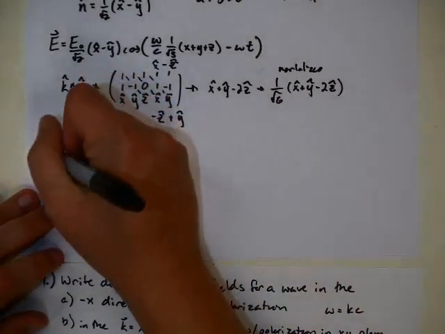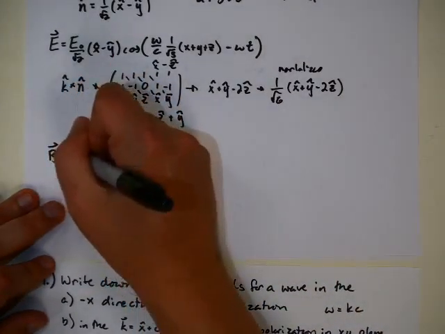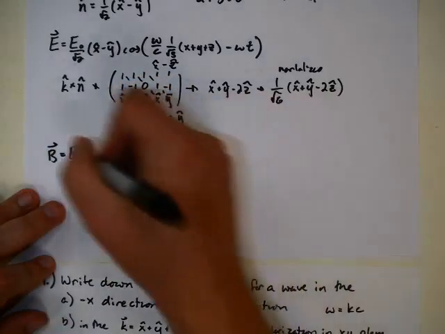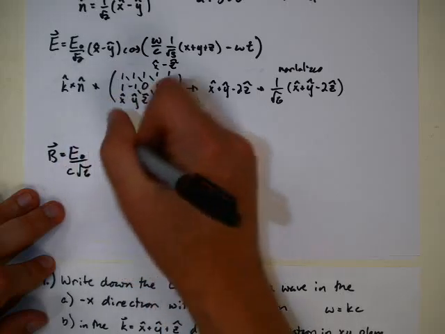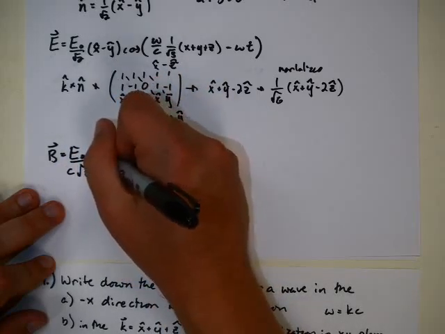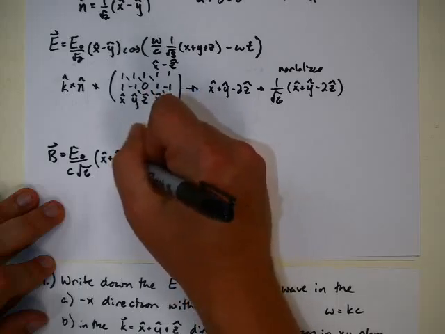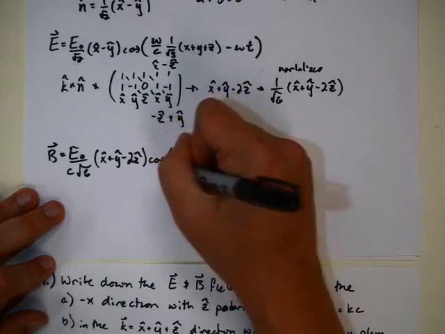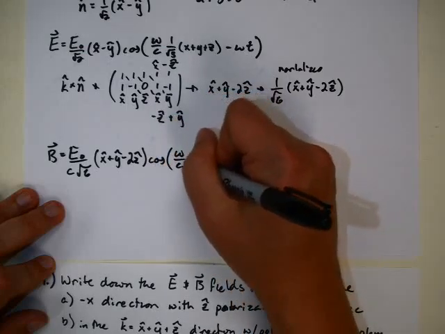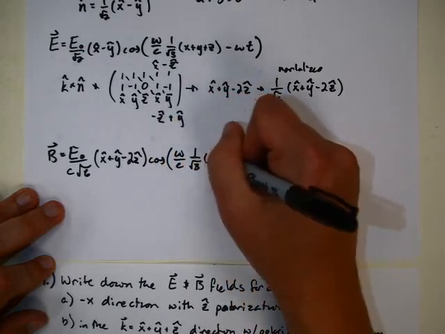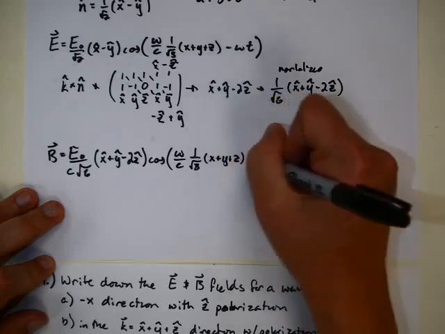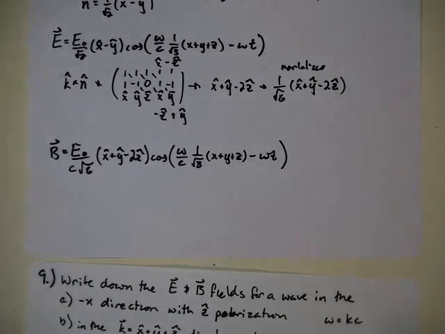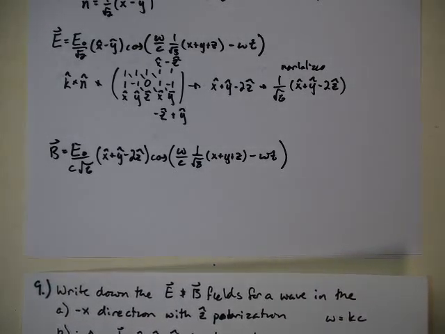So now if I go and write down the B field for this guy, E naught over c root 6 (x hat plus y hat minus 2z hat), and then the exact same structure inside. And so those are the E field and the B field for these two.